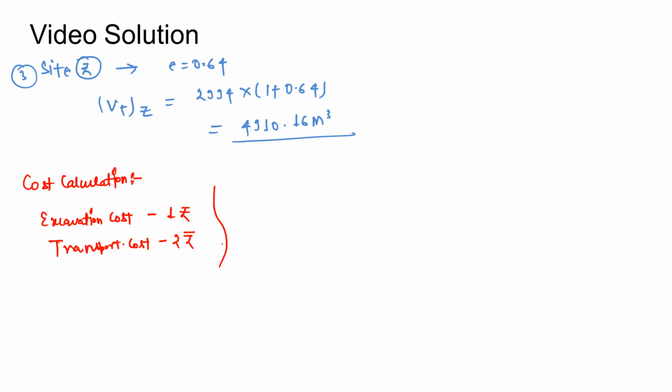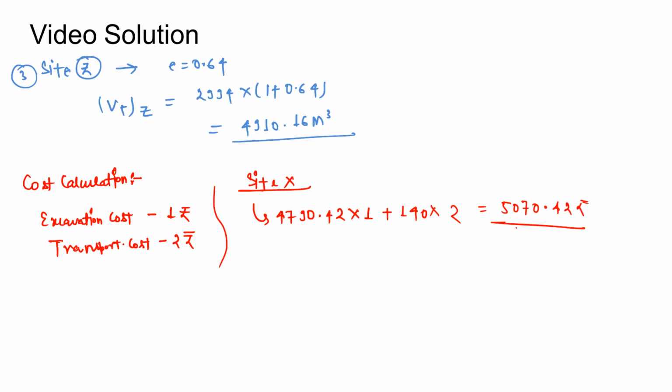Now for site X, the total cost will equal the total volume of soil, that is 4790.42, into 1 for the excavation cost, plus the distance from the site to the embankment site, given as 140 kilometer, into 2 rupees. Solving it, we get 5070.42 rupees.